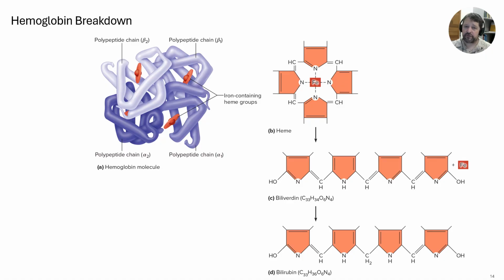The importance of all of this mainly is that iron molecule that occurs in the heme group. That's where oxygen binds. That heme group can then be broken down into biliverdin, which contains the iron, or bilirubin, which loses the iron. These are just different ways to process the material and recycle it back into the system.